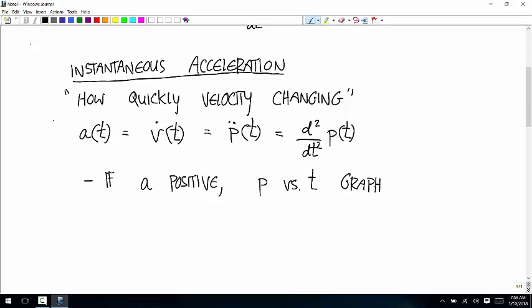Yep, very good. So position versus time graph is concave up. And if a is negative, it's concave down.